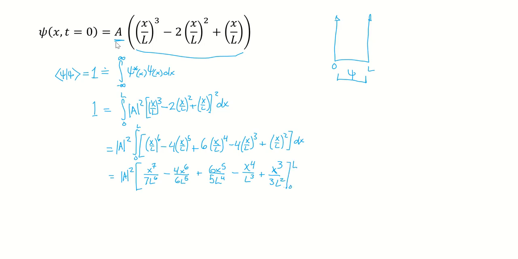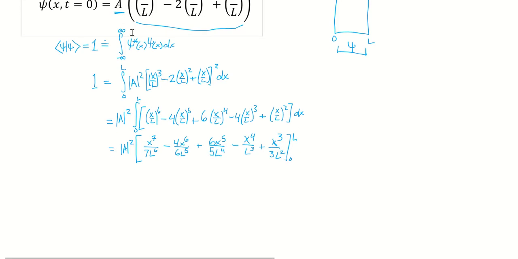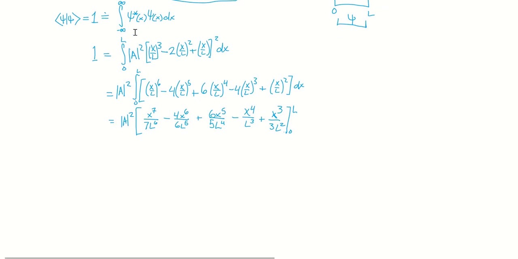Rather than bore you with me writing this all out, when you put in the limits, the 0 terms are all just 0, and x becomes L. Hopefully you can all do this on your own, but this ends up being A squared L over 105. The L factors out because all of these have an x to a power greater than the one below it.